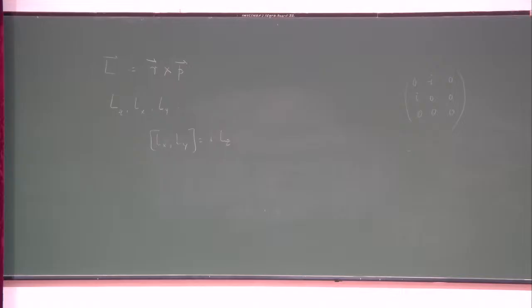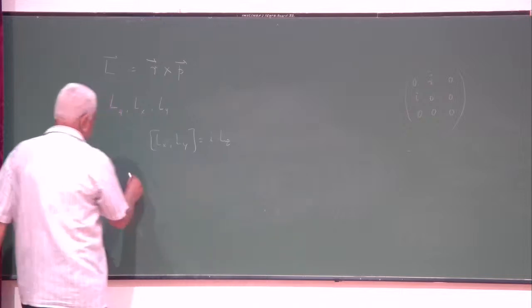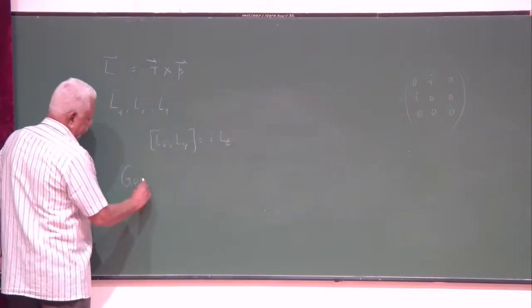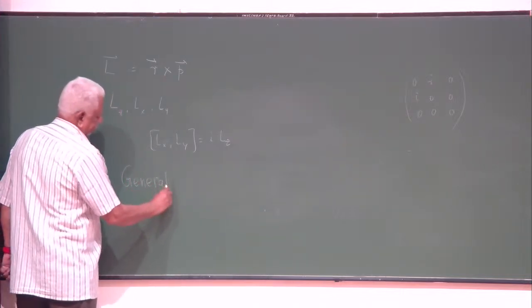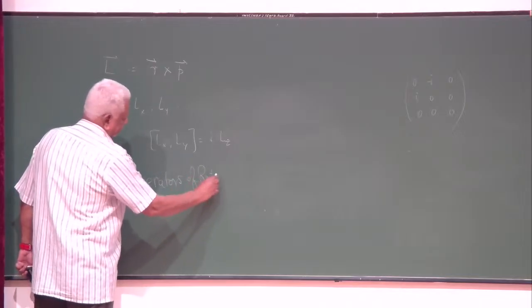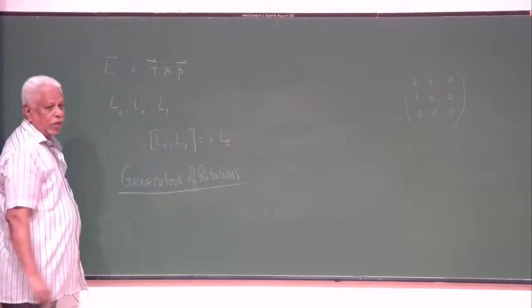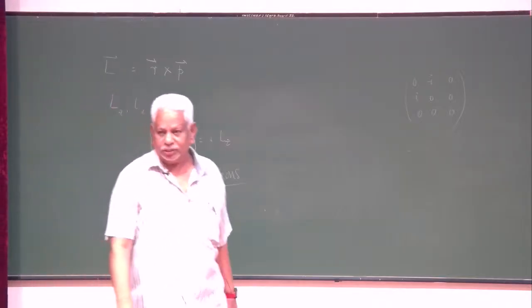So, that is why these objects like Lx, Ly, Lz or L, which I have written down, are all called generators of rotations.